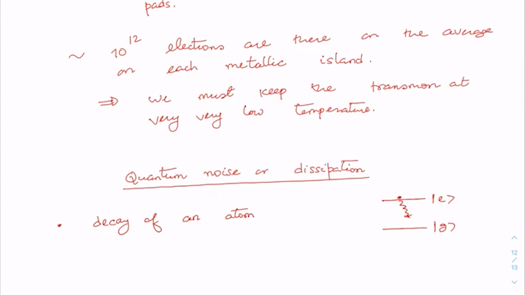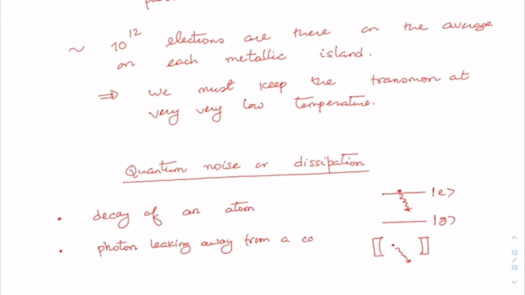Again, suppose we have a cavity, and inside the cavity a photon is oscillating back and forth, but after some time the photon may leak away from the cavity. That is also a dissipation from a cavity.